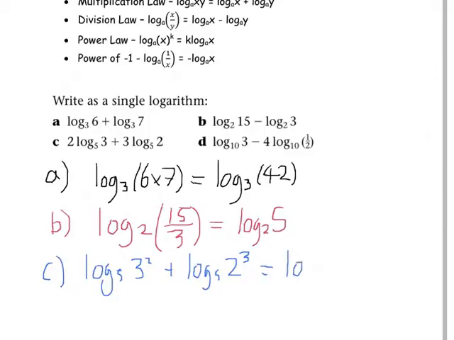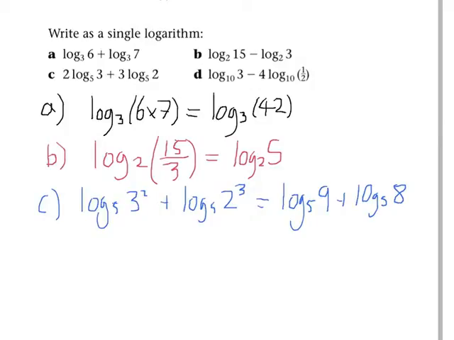So log to the base 5 of 9 plus log to the base 5 of 8. Finally, because we've got 2 added together, we can use the multiplication law and multiply them together. So it's going to be log to the base 5 of 8 times 9, which is equal to 72.